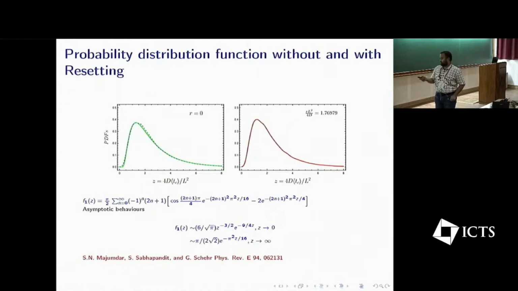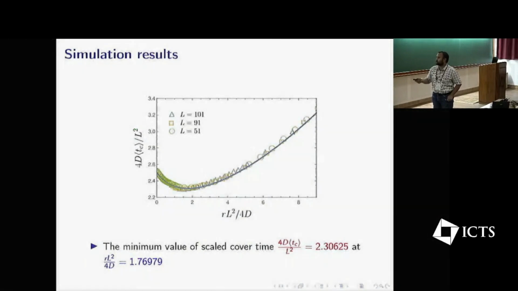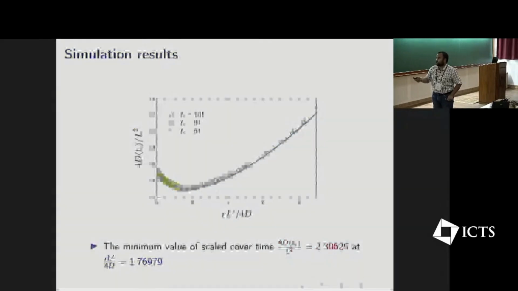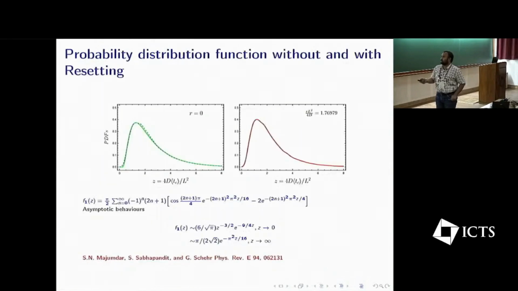So for zero resetting, the search time gradually decreases until this optimal value, and when we increase the reset rate again, the scaled cover time increases. So the process becomes, of course, more efficient after applying this resetting.